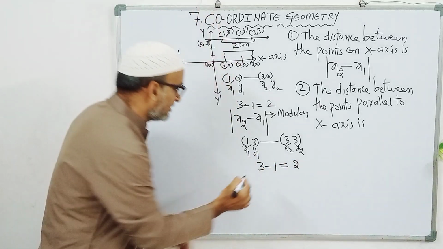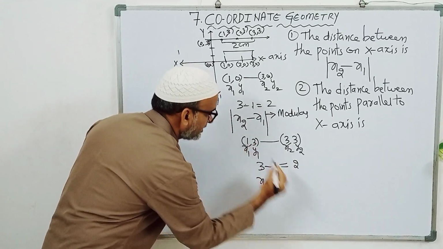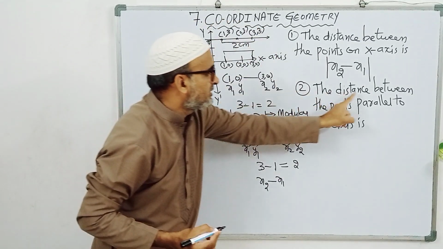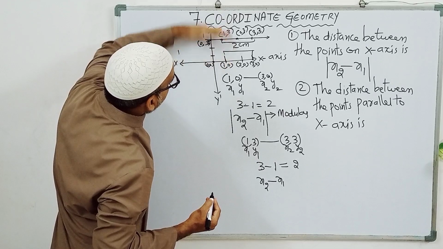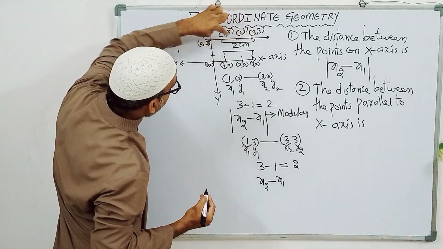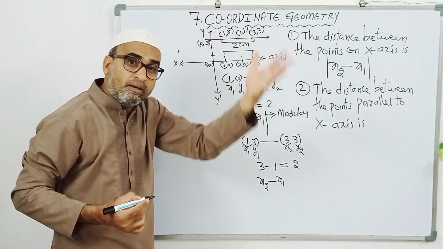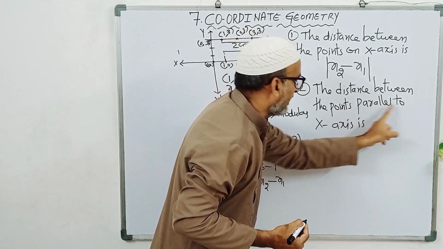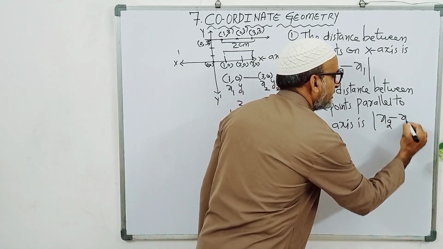This 3 is nothing but x2, minus 1 is nothing but x1. So the distance between the points parallel to x-axis, if you are drawing one line and points are on that line, for those points also the distance formula is modulus of x2 minus x1.